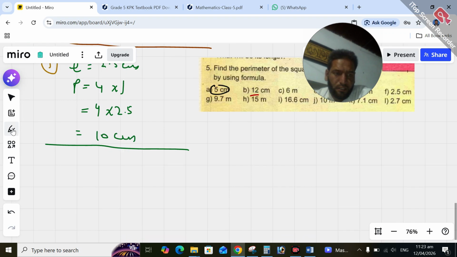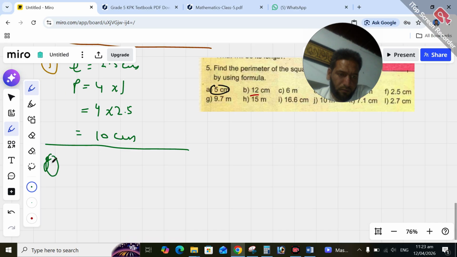Next question is part G, and part G is like this one. One side is equal to 9.7 meters, so the perimeter of the square is 4 times the length of one side, or 4 multiplied by 9.7 meter.